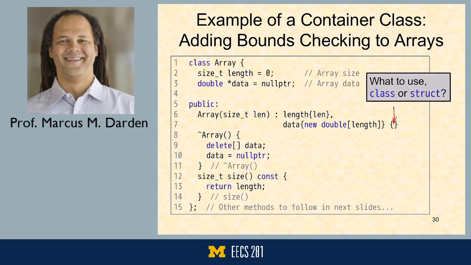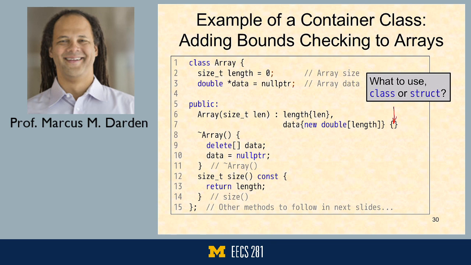As we work through this, I get this question all the time. Should I use this as a class or a struct? In the end, it doesn't matter. Class and struct generate the exact same executable when put through the compiler. The only difference is classes have members that are default private and structs have members that are default public.